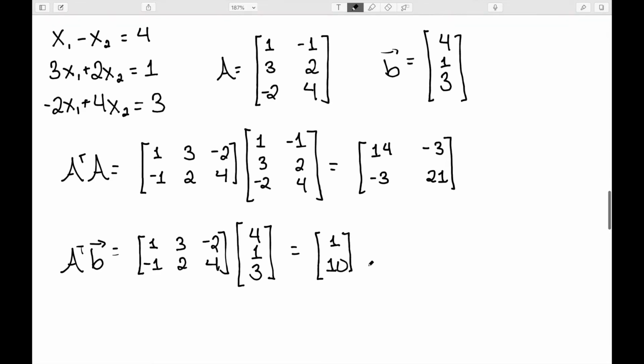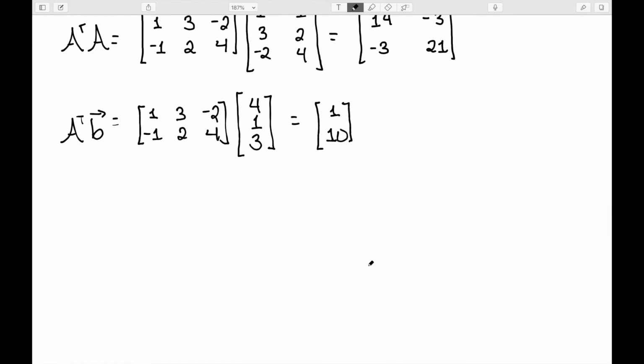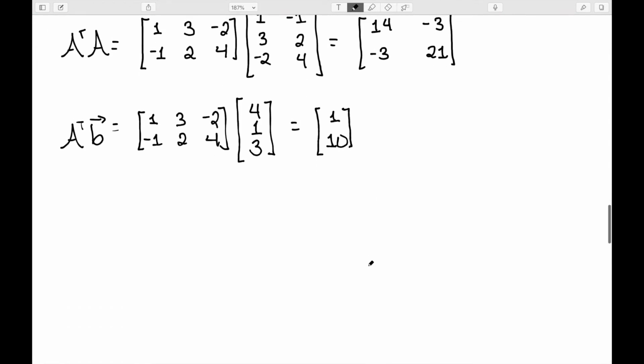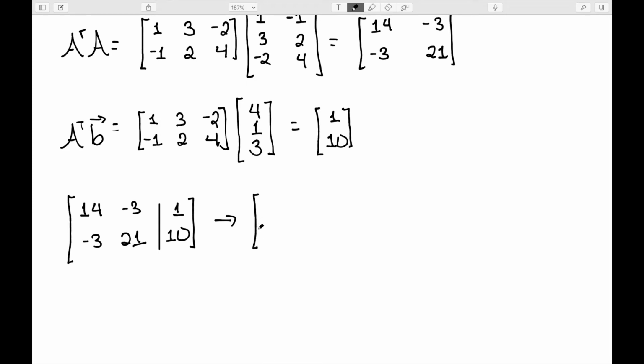So to do our least squares solution, we're going to solve the system 14, negative 3, negative 3, 21, with a vertical bar, and then 1, 10 on the right-hand side. And we need to row reduce this. We can do it by hand or using technology.